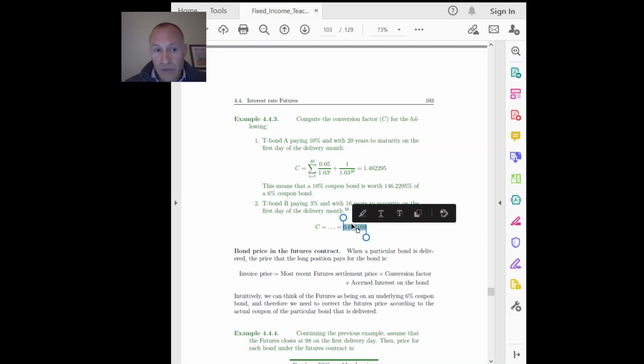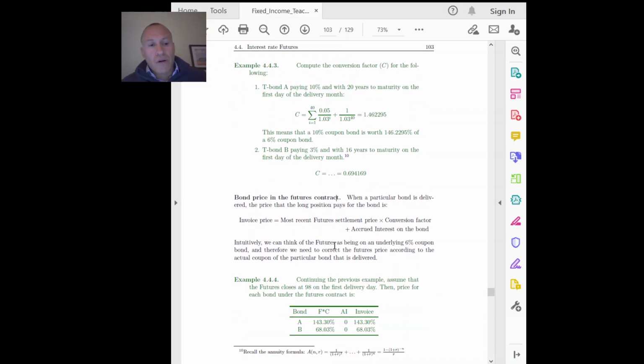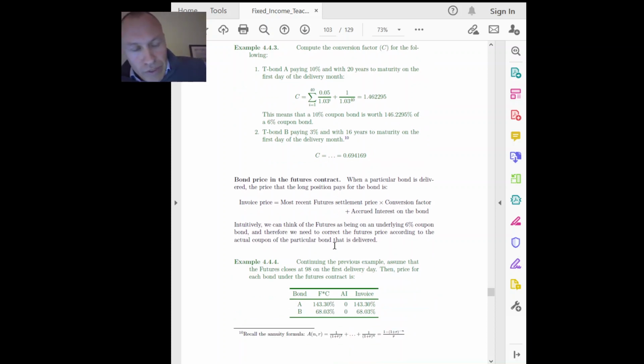And the price in this case would just be 69%. Low, it makes sense that it is low because the coupon is 3%, whereas the yield is higher at 6%, right? Okay, so we know this number, this conversion factor for any bond that we want, okay? And in particular, we can make a table of conversion factors for all the bonds that will have the residual maturity within the range that is allowed to be delivered.